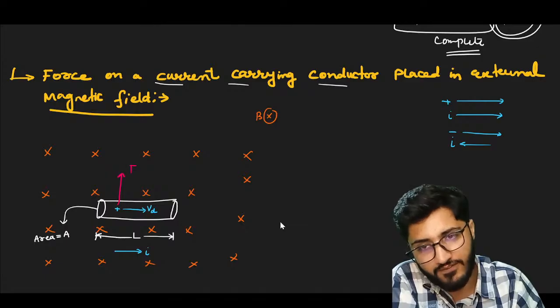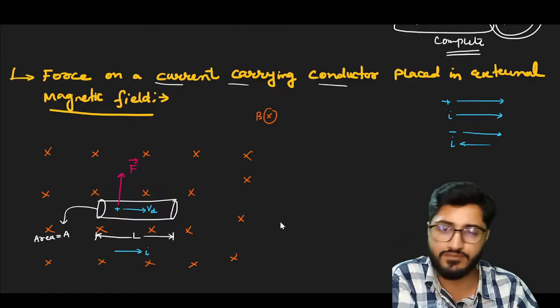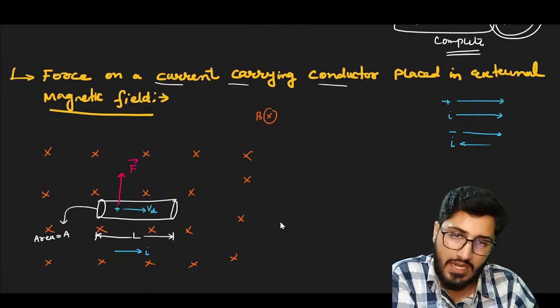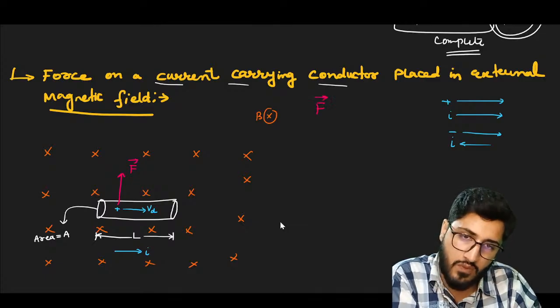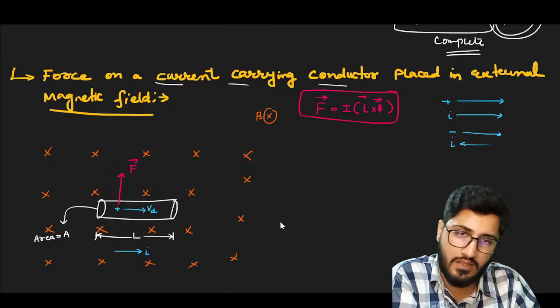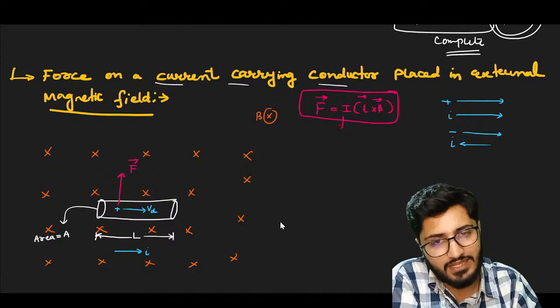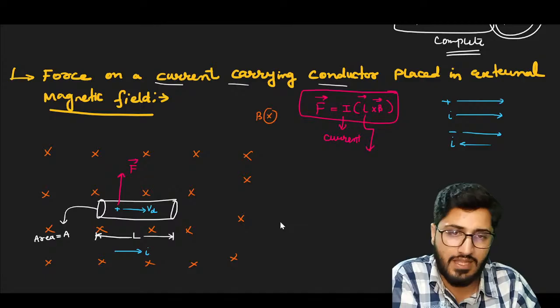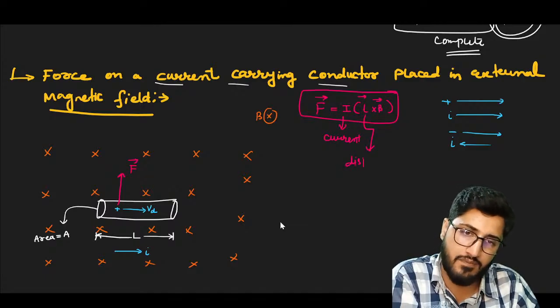This is a force F. And this F is equal to I, L cross B. Okay, what is I? Sir, I is current. What is L? L is displacement vector of your wire. What is B? B is magnetic field.